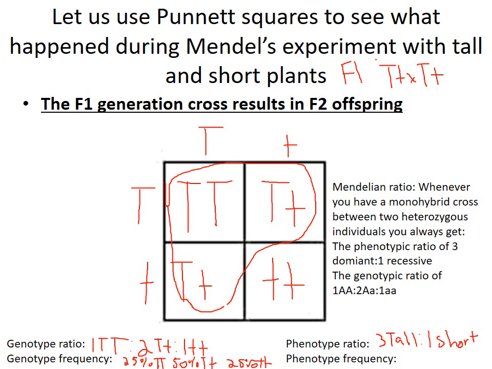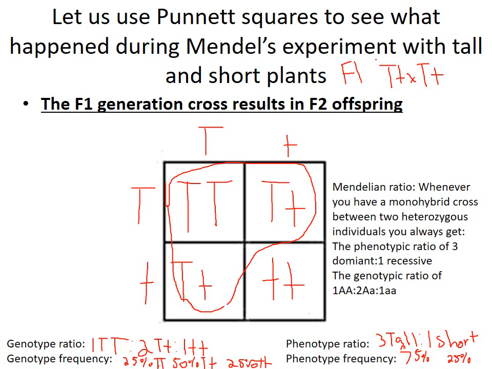If you were to write that as a percentage, that would be 75% tall and 25% short. And that's our phenotypic frequency or phenotypic proportion.